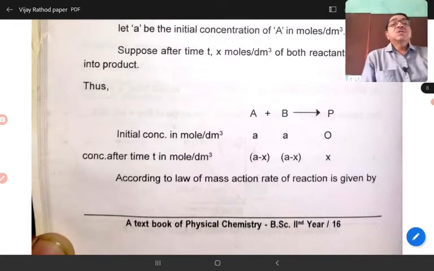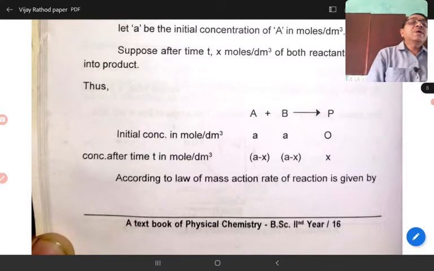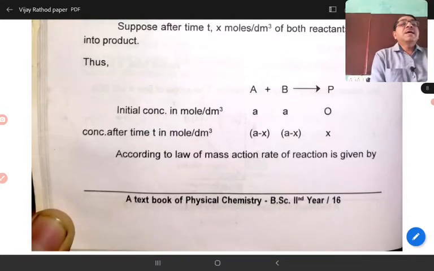Now the concentration after time t in moles per decimeter cube is a minus x for A, again a minus x for B, and x for the product.